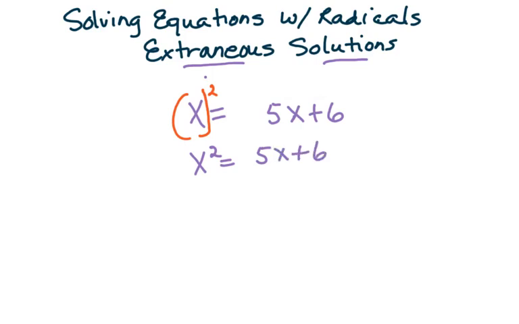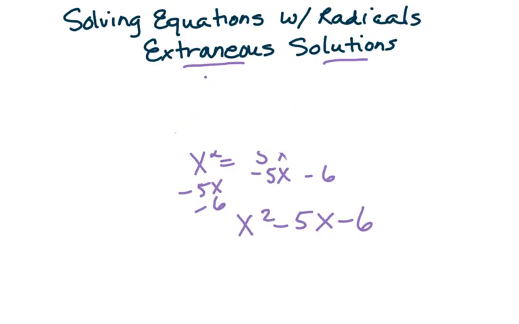To solve it, I want you to factor it. And before you factor it, you're going to have to move the 5x over, so it's going to be minus 5x, and then you're going to move the 6 over, so it will be minus 6. So now we have x squared minus 5x minus 6. Now we're going to factor that.